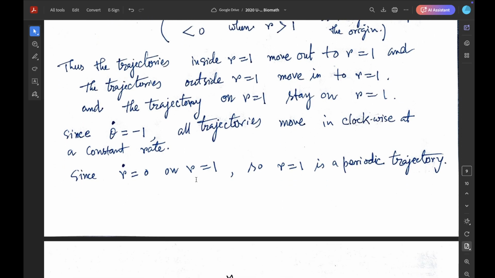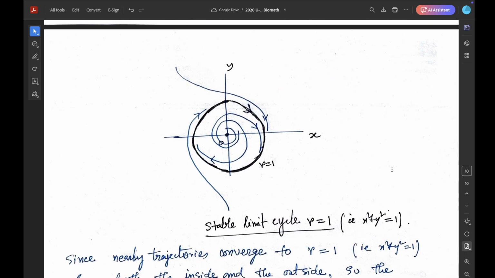Since r dot equal to 0 at r equal to 1, r equal to 1 is a periodic trajectory. Actually, we get this stable limit cycle r equal to 1. This is the limit cycle, this closed isolated trajectory, r equal to 1, x square plus y square equal to 1.